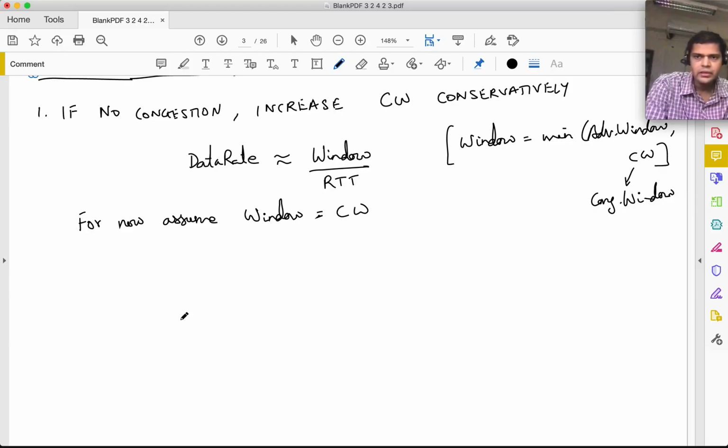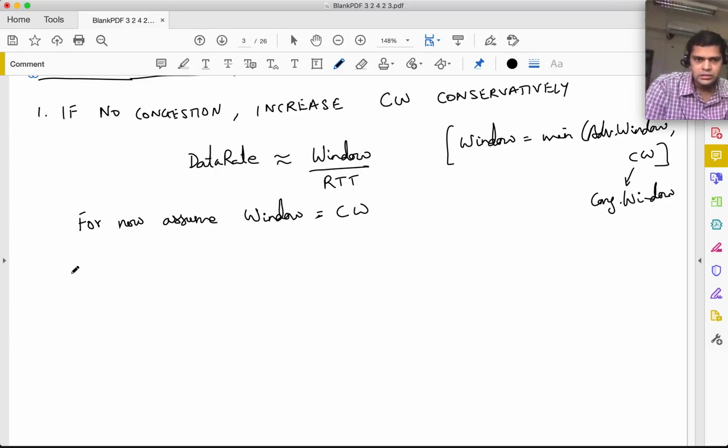If we have a 10 gigabit per second link, then why not use it? Why send at 1 megabit per second when you have 10 gigabits per second? So we want to increase the window size so that we efficiently use up all the resources available. But we want to do that in a conservative fashion. We don't want to be too aggressive in increasing the window size.